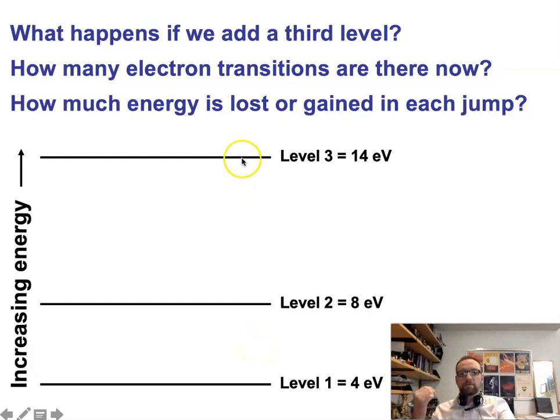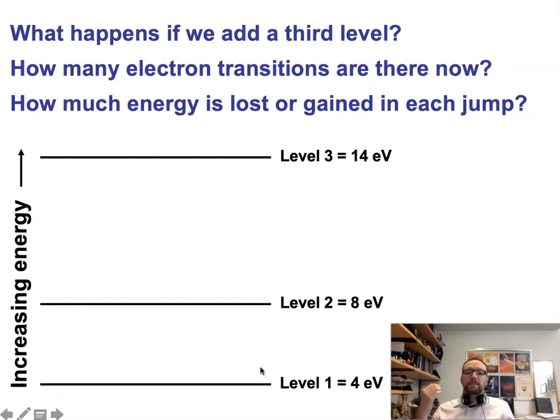If the electron goes from level 3 to level 2, it's lost 6 eV, so the photon that gets created has to have 6 eV of energy. If the electron goes from level 3 directly all the way down to level 1, it loses 10 eV of energy, which means the photon that gets created has to have 10 electron volts of energy.